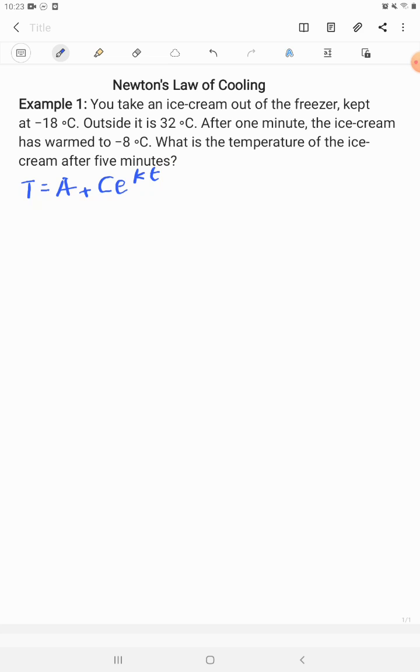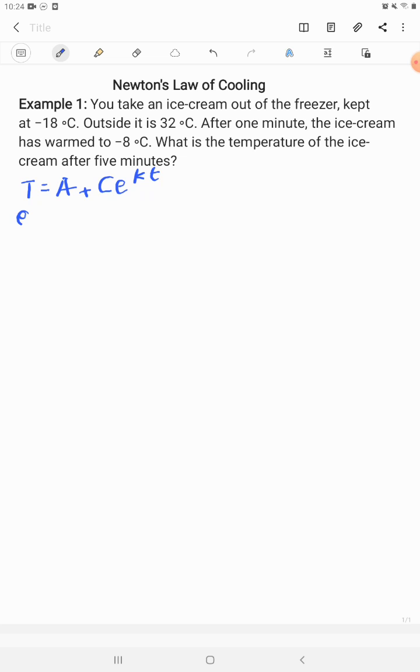That is also the temperature of the ice cream when it was taken out. We assume the freezer is at negative 18 degrees Celsius, but that is not necessary, as long as we know the initial temperature of the ice cream is negative 18 degrees Celsius.